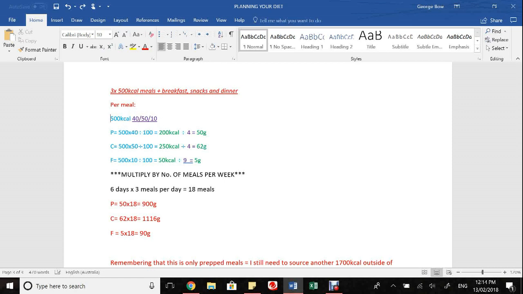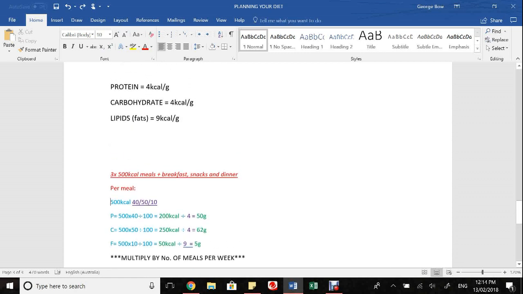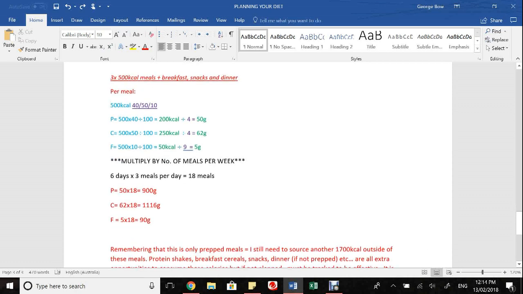As you can see, I have gone with 40% protein, 50% carbohydrates for energy, and 10% fats. That fat value is pretty low. Personally, I like a lower fat value because I know I can easily gain more fats during those snacks and during non-prepped meals. So I choose to keep my prepped meals very low in fat.